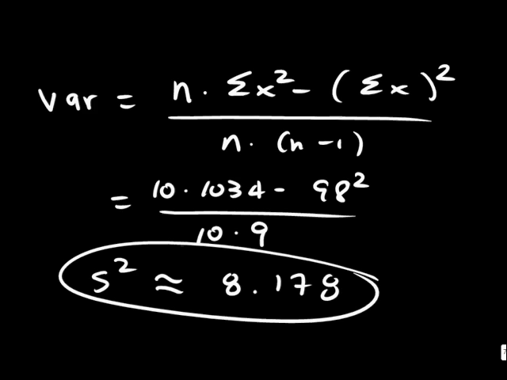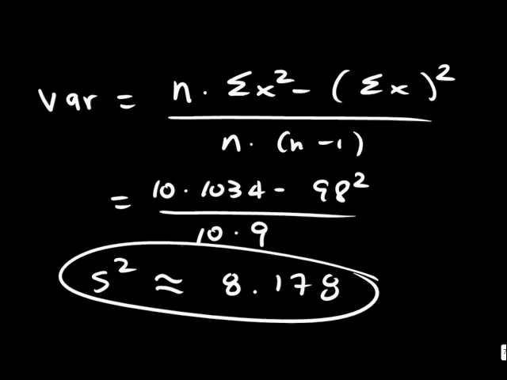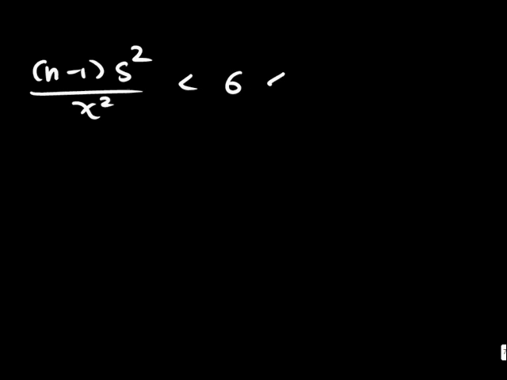So using the format of n minus 1 s squared over a chi-square value less than sigma less than n minus 1 s squared over a chi-square value. This will be a chi-square r value. This is a chi-square l value.